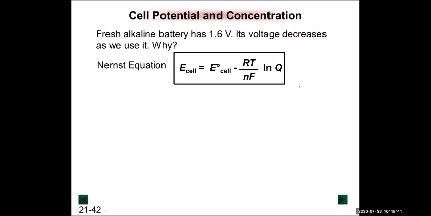Why? We have another equation that explains why there's a voltage decrease. It is because the actual cell voltage is the standard cell voltage, subtract a term that depends on the reaction quotient. As a chemical reaction progresses, there will be more product produced and less reactant remaining in the system.